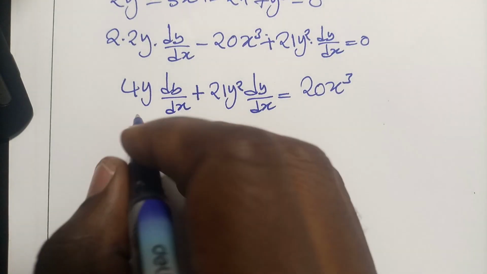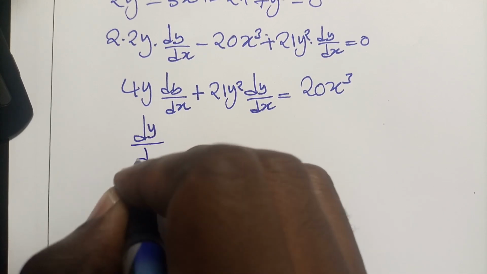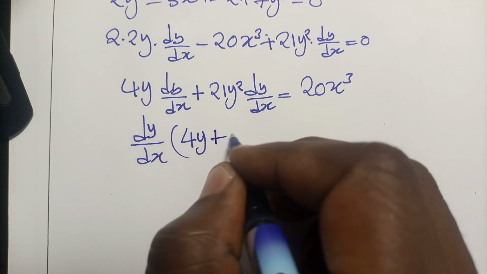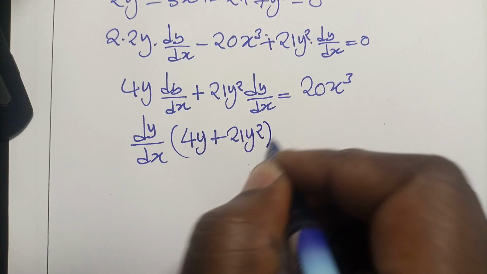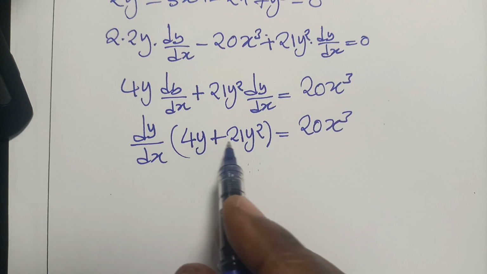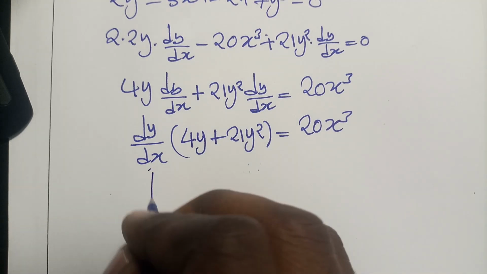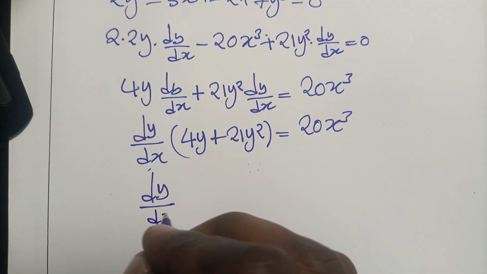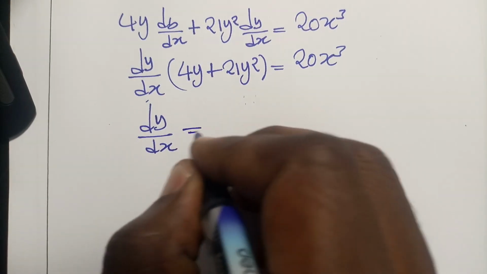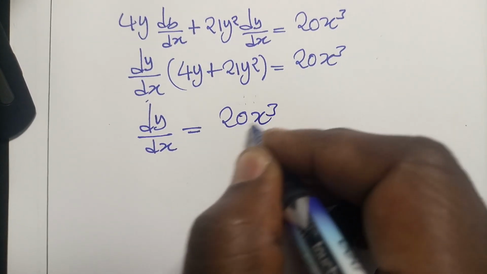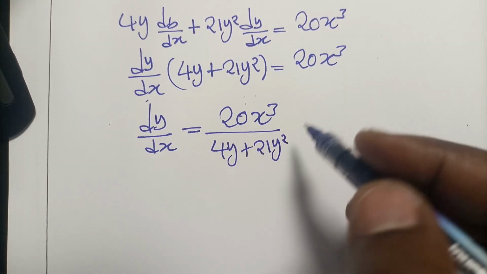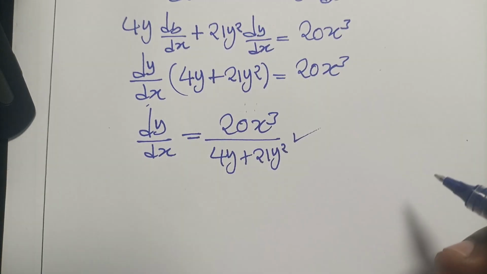So dy/dx times 4y plus 21y squared will be equal to 20x to the power 3. Divide by 4y plus 21y squared. So you're going to have dy/dx being equal to 20x to the power 3 over 4y plus 21y squared. That is how you find dy/dx.